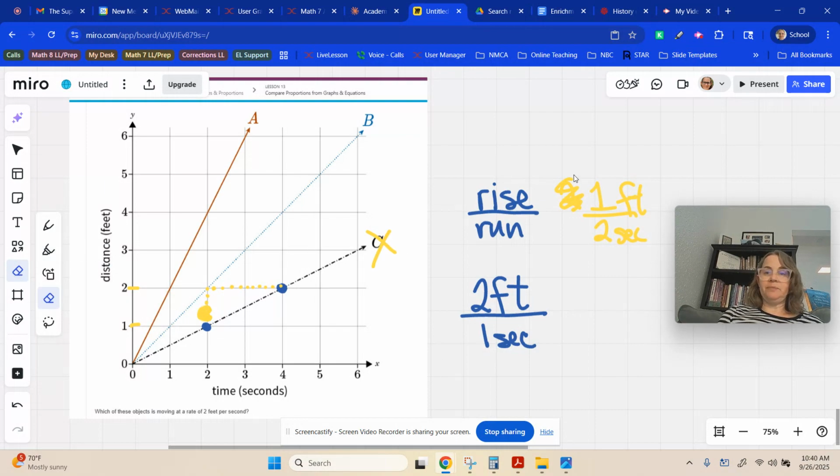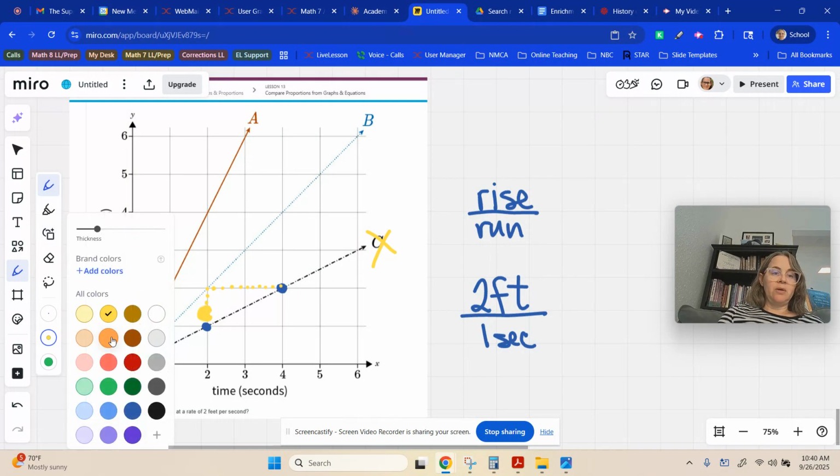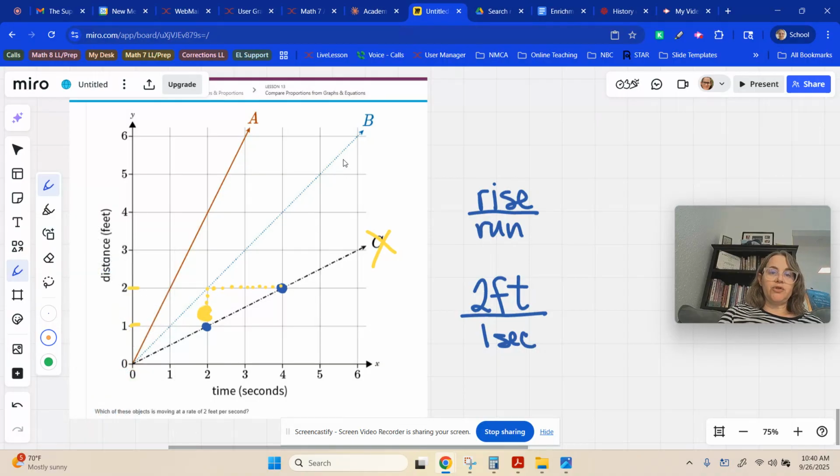Let's try another one. Okay, so if you look at this graph, the way I choose where Pac-Man's going to go, I look for 2 points on the line. I'm looking at B right now, where they fall really nicely on the grid, so it's easier to count.